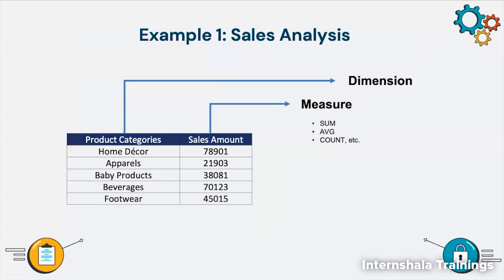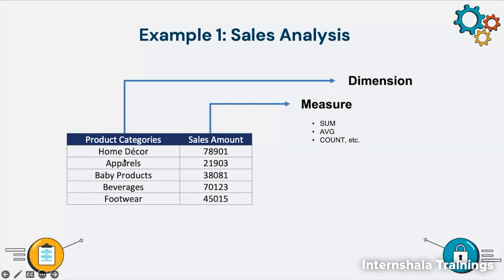So we have the first example of sales analysis. Imagine we are analyzing sales data. The sales amount would be a measure as it's a numerical value and we can aggregate it, like sum, average, count, etc. Whereas product categories would be the dimension because they provide categorical information.